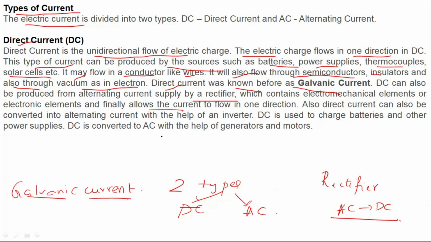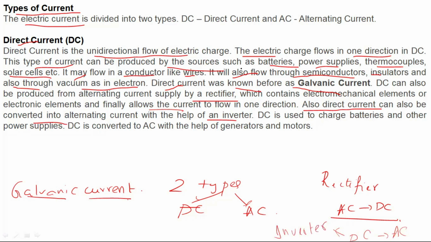Also, direct current can be converted into alternating current with the help of an inverter.